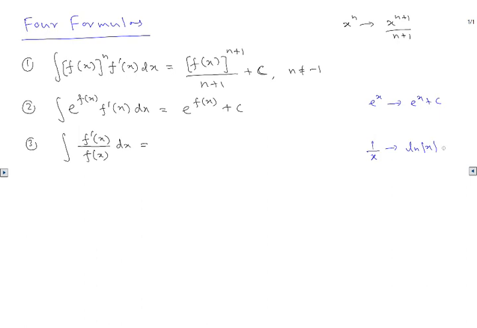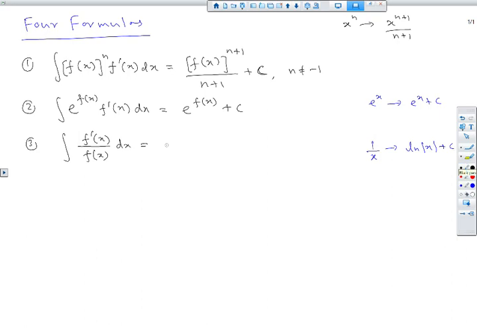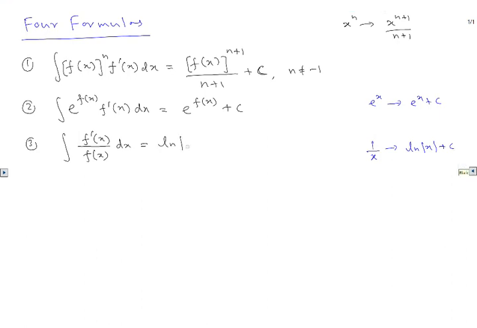The same idea: if you have f(x) and its derivative on top, you're going to get the natural log of f(x) plus c. And don't forget the absolute value sign, because for the natural log to be defined, the argument has to be positive.